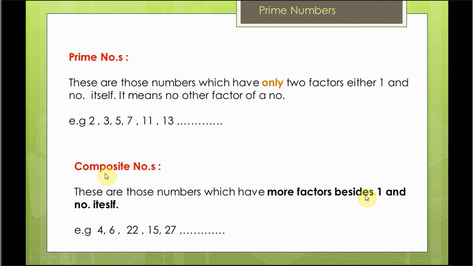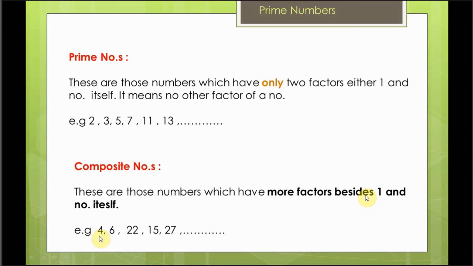The counterpart of this is composite number. These are those numbers which have more factors besides 1 and the number itself. For example, 4. It is divisible by 1 and 4 and the other is 2.